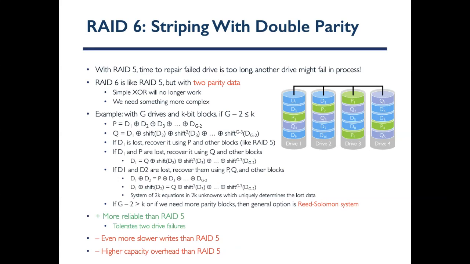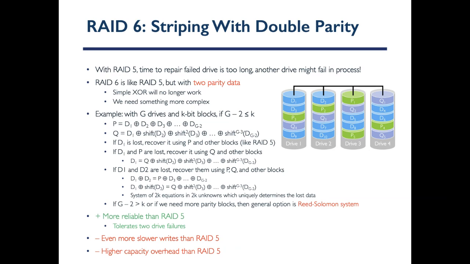Then you have RAID 6. With RAID 5, the problem is if you have large storages and one of them fails, to recover, it could take a lot of time just to recover the data that you lost.